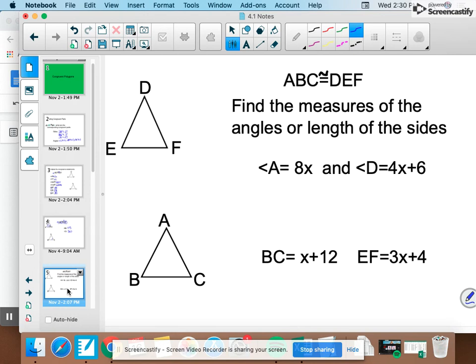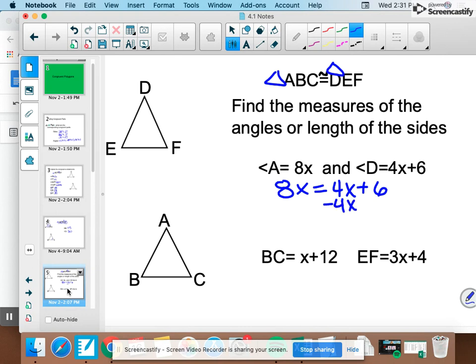So we're going to use the congruent statements to set up equations to solve. It says find the measures of the angles or length of the side. It says triangle ABC is congruent to triangle DEF. So we have angle A is congruent to angle D, and I'm going to set those equal to each other since they are congruent.